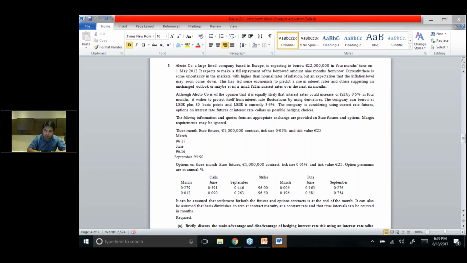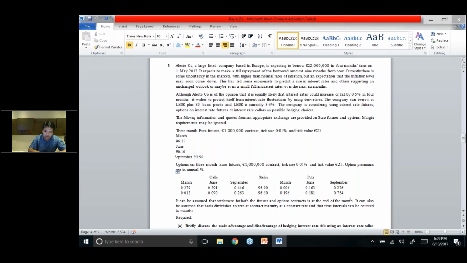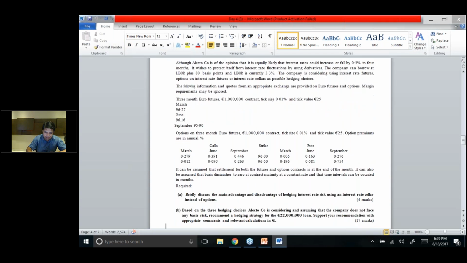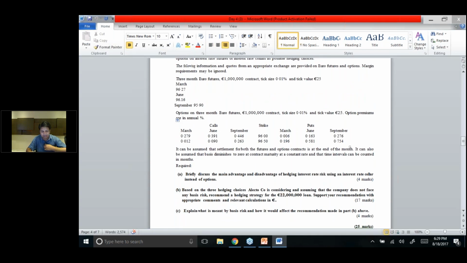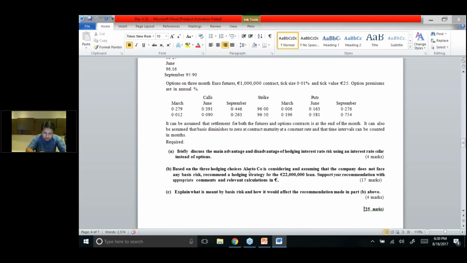This is available in your handout section. Just read this question, like its second requirement. Based on the hedging choices Electro company is considering, and assuming that the company does not face any basis risk.